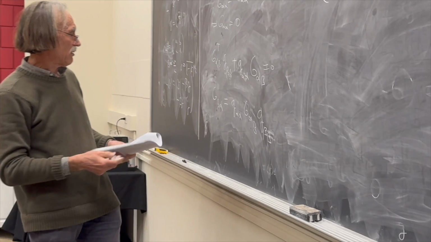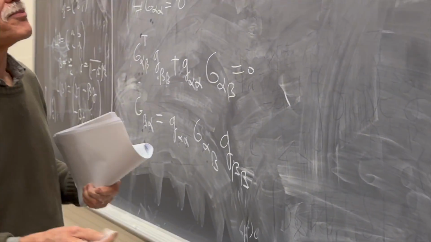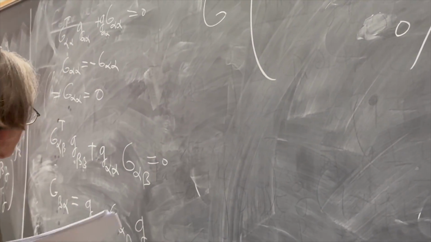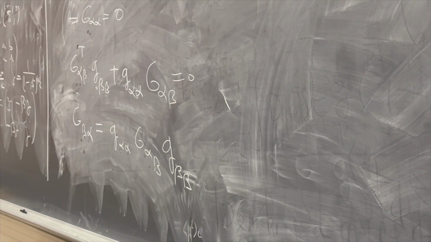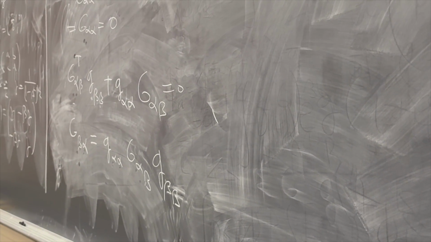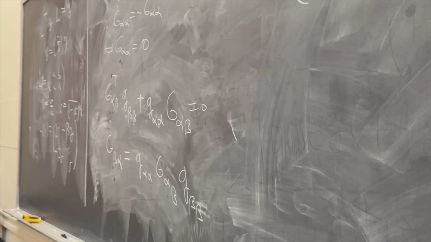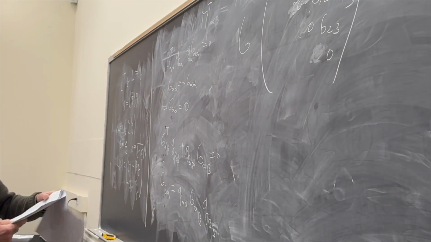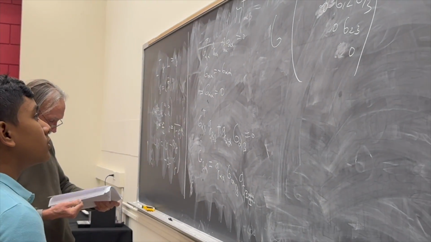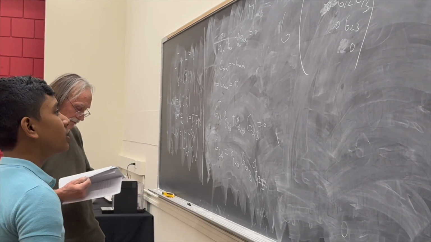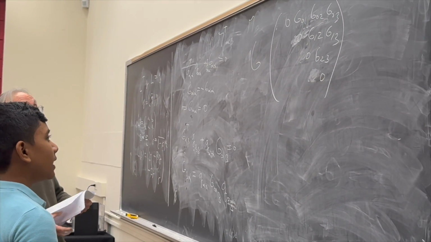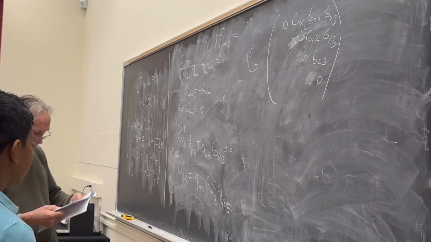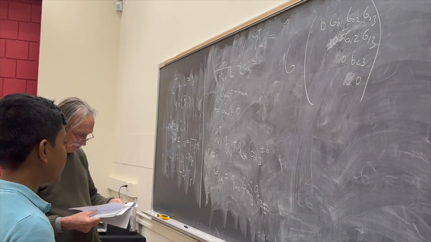What do I get? I see. So when neither alpha nor beta are 0, then G alpha beta is equal to G beta alpha.